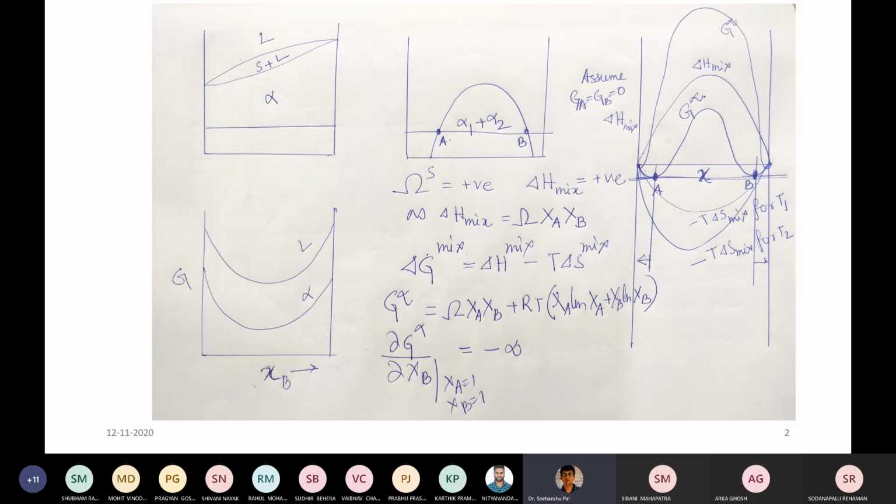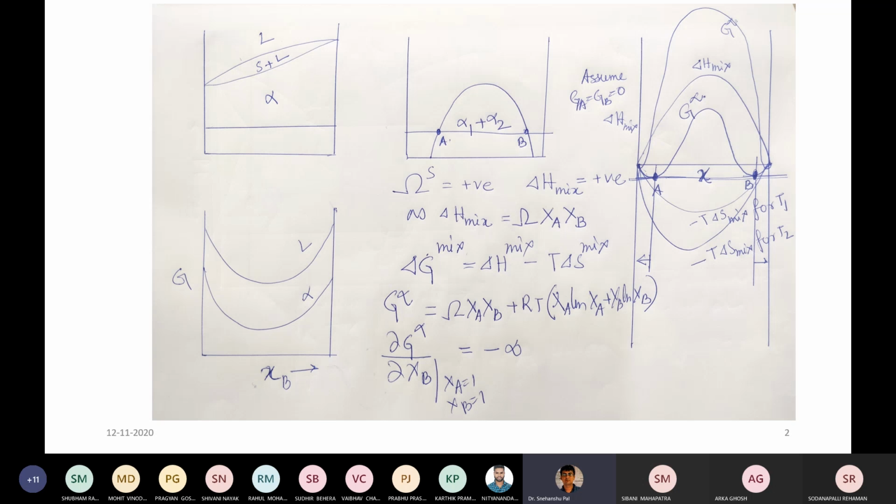So A and B do not attract each other, they repel each other. That leads to delta H mixing being positive, because delta H mixing is omega times XA XB for a regular solution.